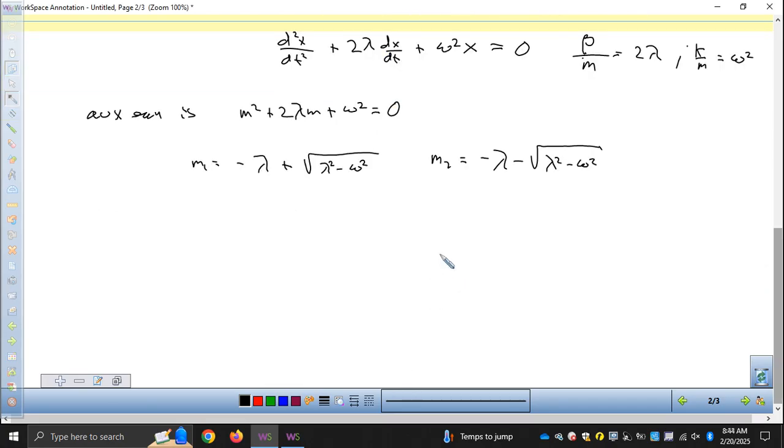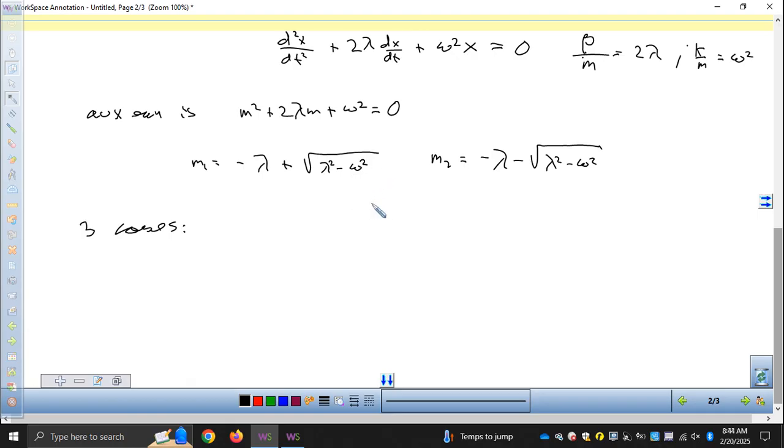So just like before, when we first started solving these second order linear differential equations with constant coefficients, we have three possibilities. So we have three cases, depending on the sign of lambda squared minus omega squared.